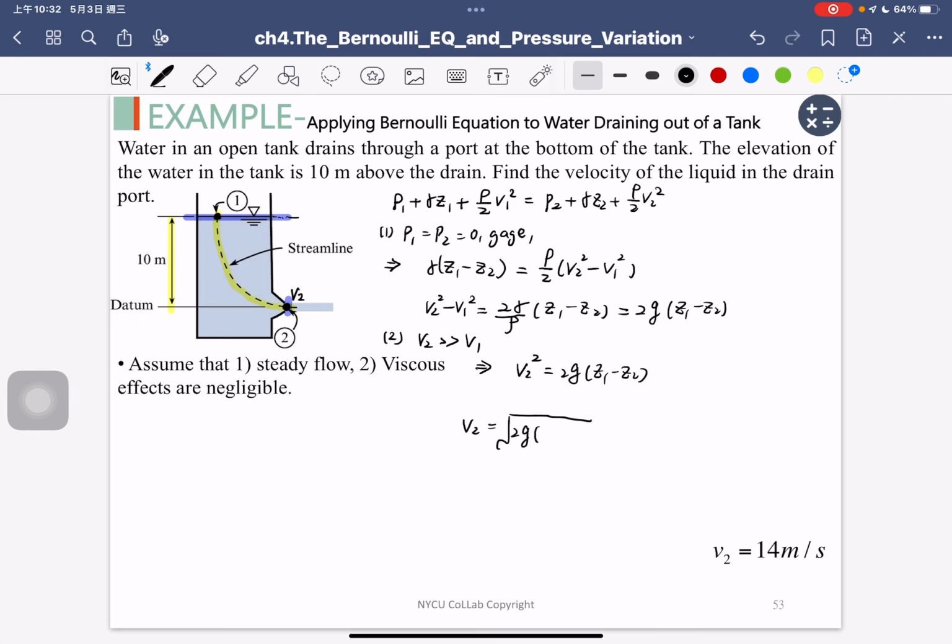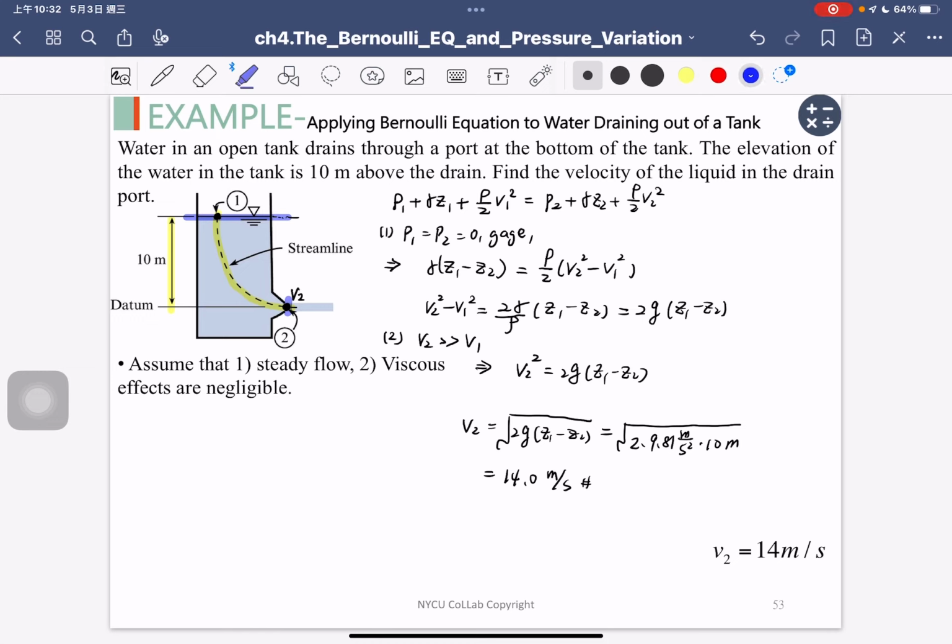I put all the numbers into the equation: 2 times 9.81 meters per second squared, and the 10 meter difference in elevation. You can use your calculator to confirm the answer. For me, the answer shown on my calculator is 14 meters per second.